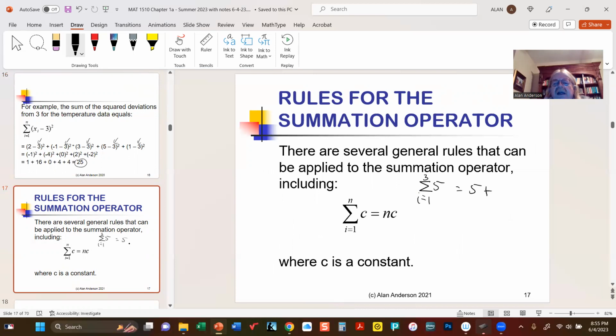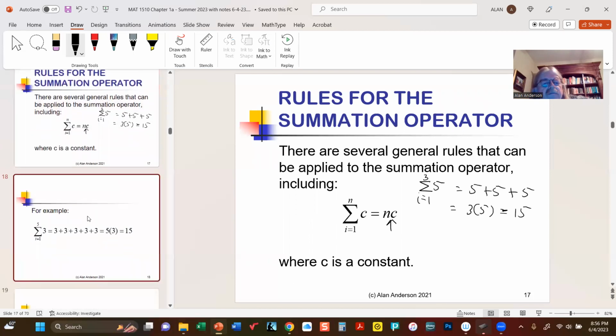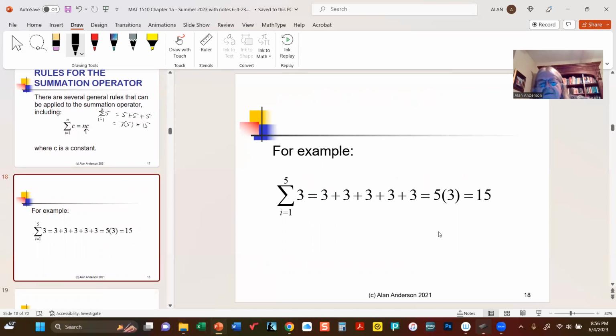This is actually telling me to add up 5 3 times, which is, of course, going to equal 3 times 5, which is 15. You don't run into that very often, but this is how the notation works. The sum of the c's is going to be equal to the number of c's that we have times c itself, and that will give us our final sum.